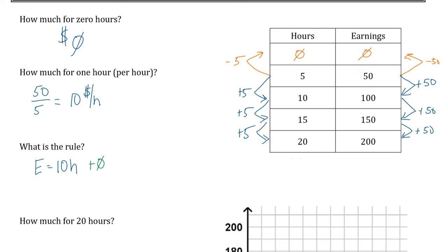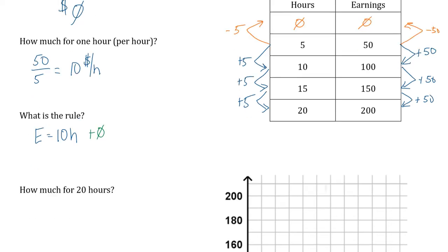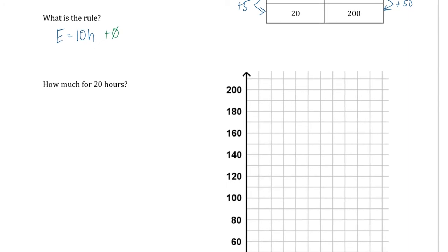And again, $50 in 5 hours is the same as $10 in 1 hour, $20 in 2 hours, $30 in 3 hours. Those are the same thing. How much for 20 hours? $200. 10 times 20. I took this and I put it in for the number of hours. It's also in the table.